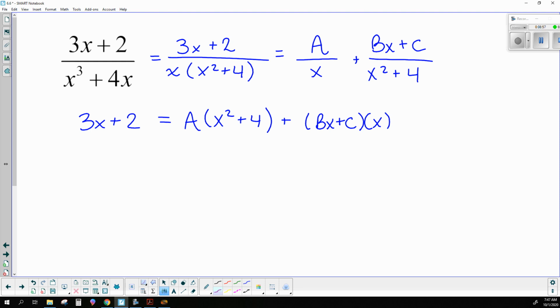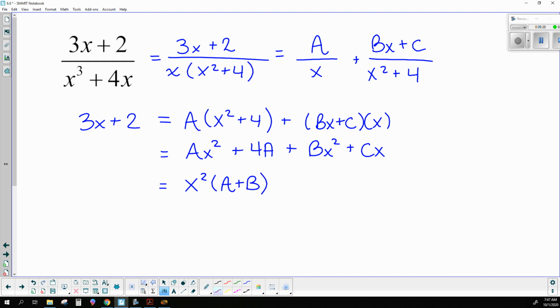Now we're going to go ahead and distribute on the right to be able to combine everything. So we're going to have ax squared plus 4a. And we're going to end up with bx squared plus cx. Now I want to recombine this in standard form the best I can. So x squareds are going to go first. I have 2 of them. So I'm going to greatest common factor out an x squared.